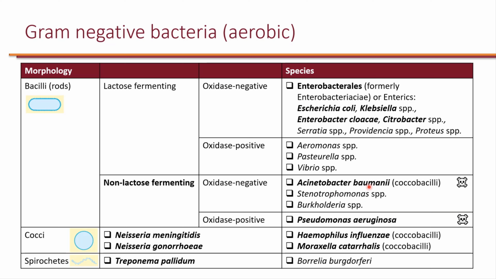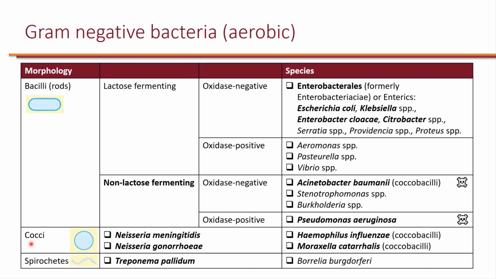And also Acinetobacter baumannii, which is less severe than Pseudomonas but can be more resistant to a lot of antibiotics. And then Stenotrophomonas and Burkholderia also can be very, very resistant. And typically Stenotrophomonas and Burkholderia are more common in immunocompromised patients.